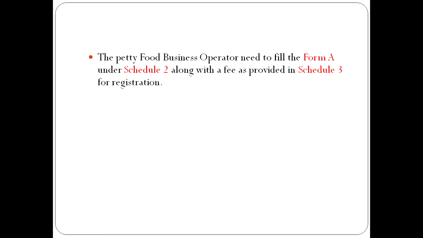They might ask under which schedule he needs to fill the form: schedule 2. His fee should be provided under schedule 3 for registration. This is what I told in the previous slide also.